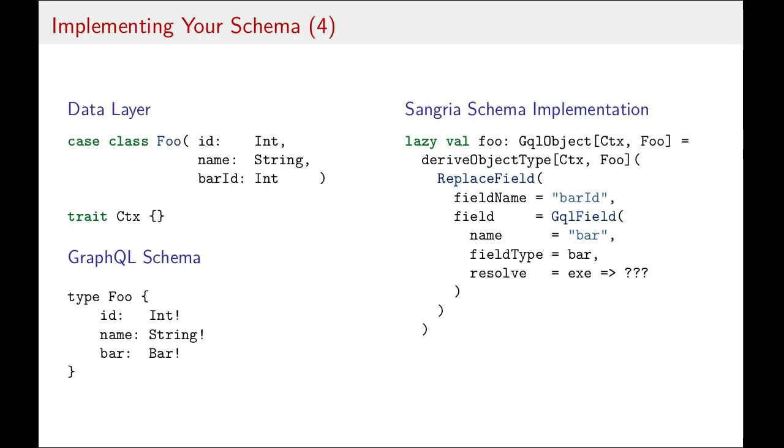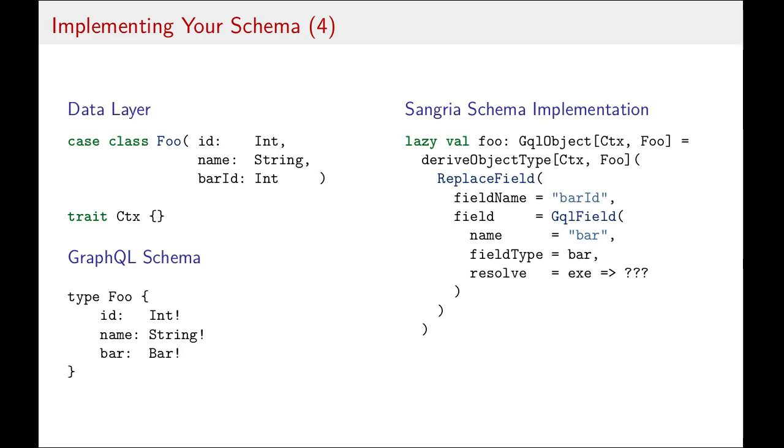Now, right now, that's an undefined symbol, but it's the other GraphQL object, basically the brother of this one, if you will. And so that's why I've made this a lazy val, because the bar will also have to be lazy as well, because we have circular references, so we need to hoist everything. So we hoist everything with lazy vals. So bar you'll see on the next couple slides when we get to it. But the type is bar, which is a GraphQL object.